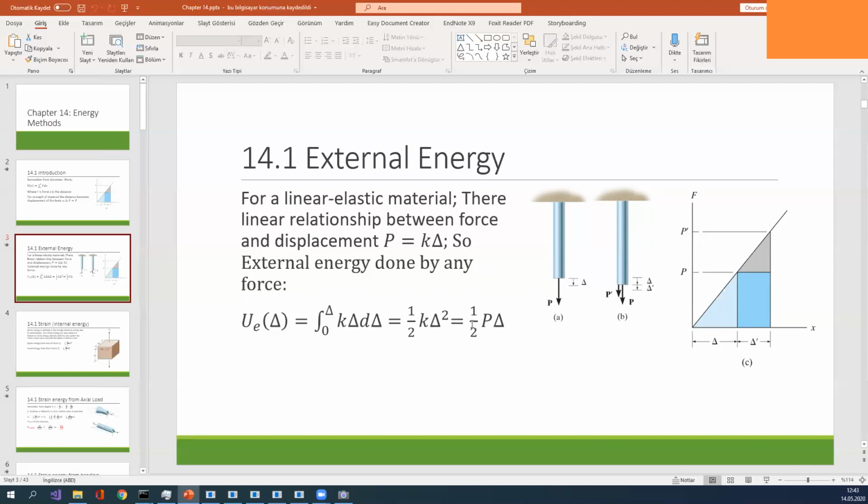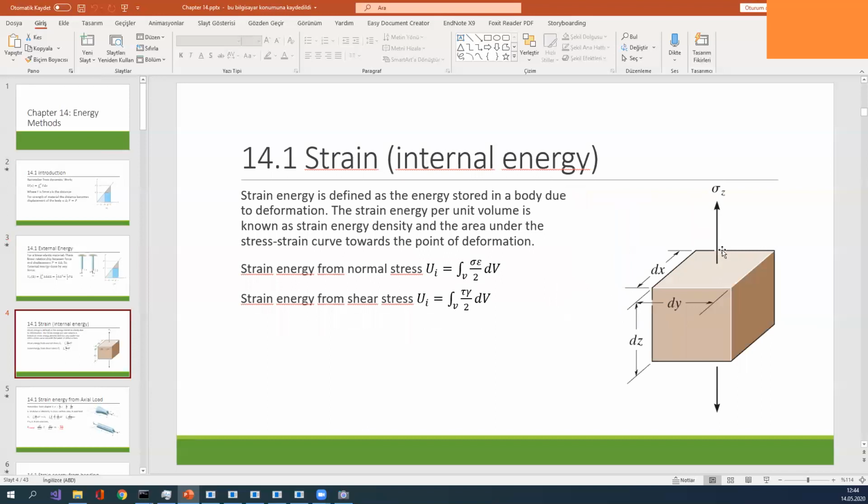How can we calculate it? The work done by the external force can be absorbed by the beam or our rod structures. There are some kinds of deformations or internal forces generated in it, and the energy is absorbed. These should be equal, and we can call this energy the internal energy. So how can we calculate the internal energy?